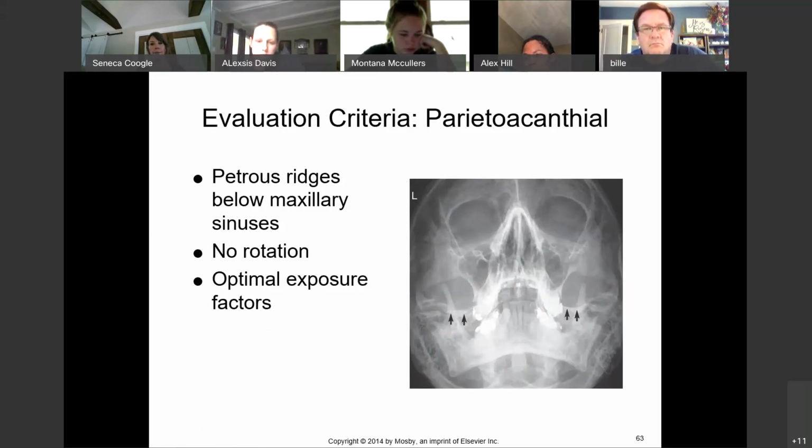So if that's part of the reason to do this projection, make sure that's what you can see. That makes sense. So if your petrous ridges are not below, you need to determine if you need to extend your patient's head more or bring it back a little bit. No rotation.